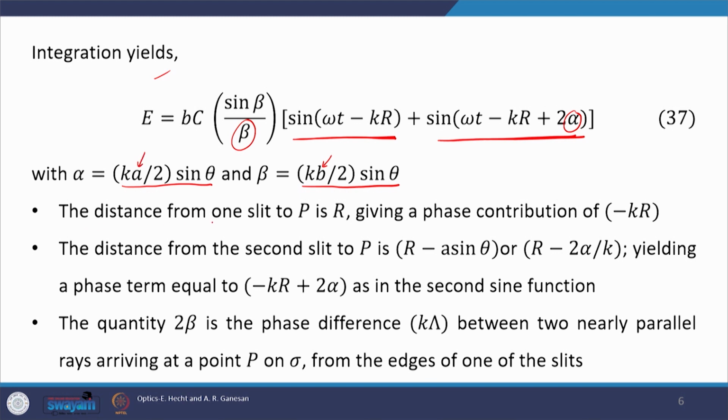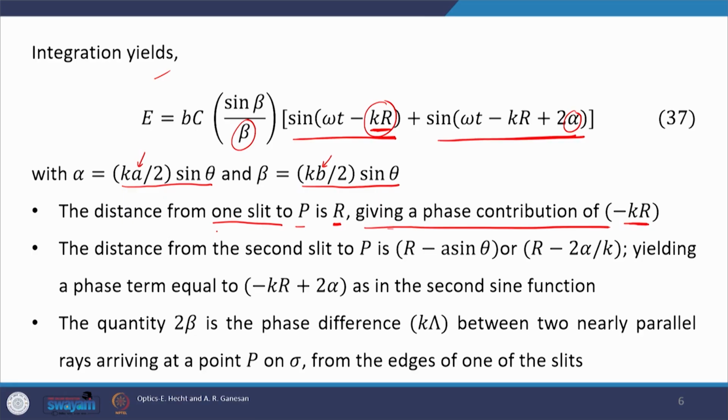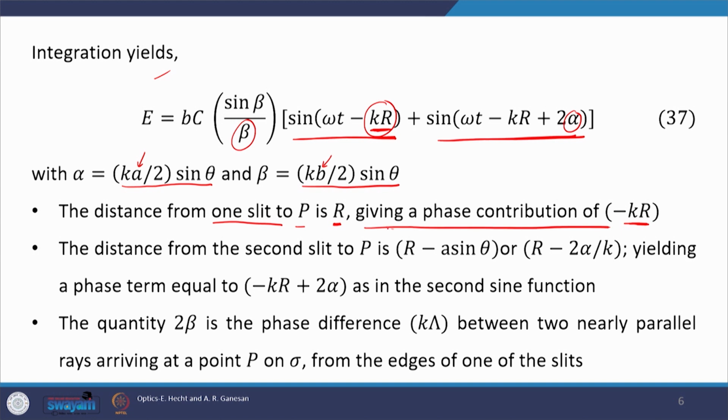Now, the distance from one slit to P is r, giving a phase contribution of minus k r, which is appearing here in the first term. It is the first slit at which our origin is situated, and since the slit is now reduced down to a line source which is horizontally placed, r is being measured from this horizontal line source to the point of observation P. Therefore, this phase part is coming due to the origin to the observation point distance.